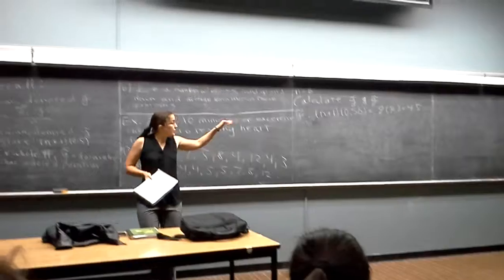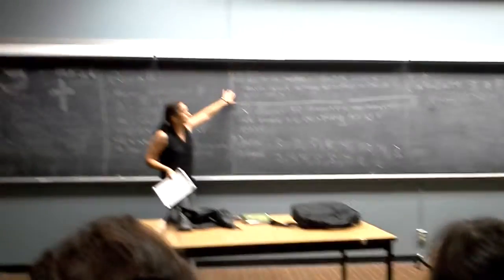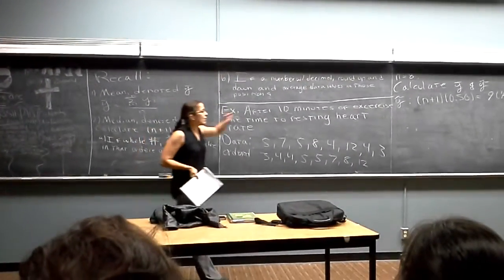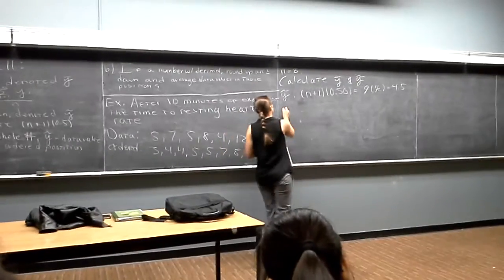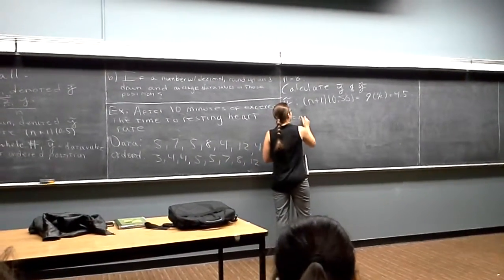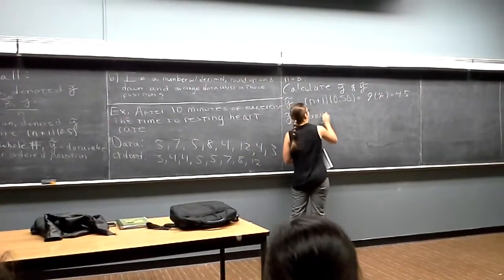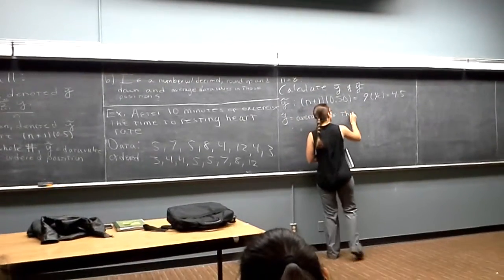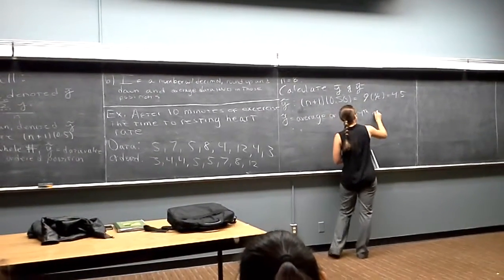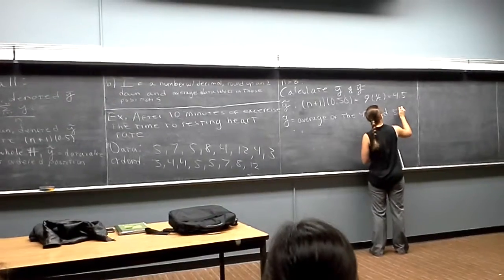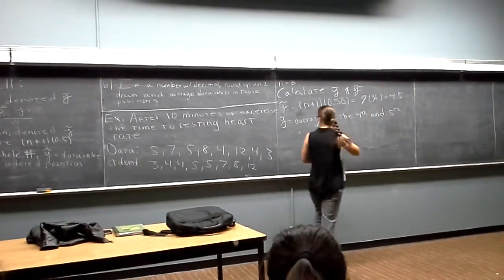So now, according to my rules, if a number has a decimal, which mine does, I round up and down. So y tilde is the average of the 4th and 5th, so that's rounding down and up, value of the ordered data.